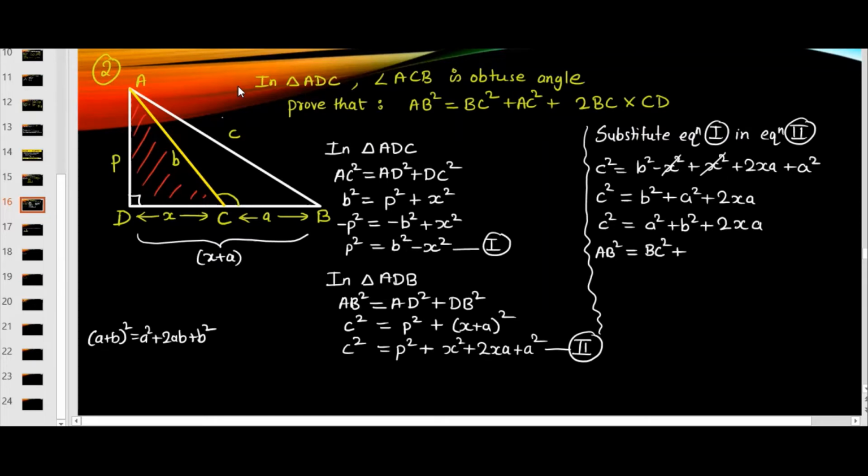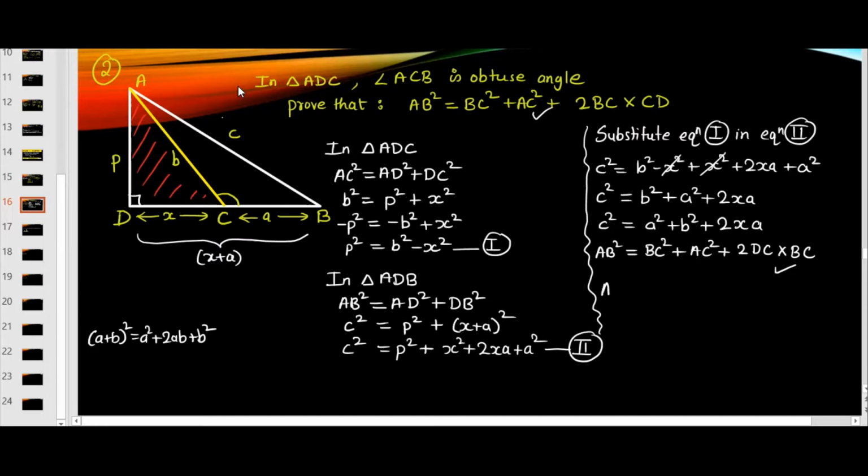B side is AC, so AC square plus this 2 multiply X is actually DC multiply A is BC. So if you compare this and this, we have already proved it. Here it is 2 times BC multiply CD, and this also means the same. DC or CD both are same.